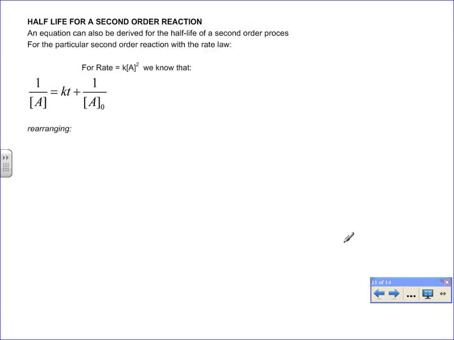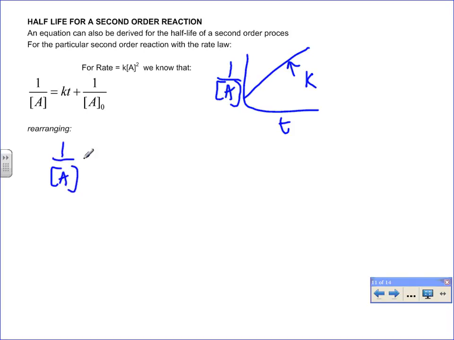For a second order reaction, we know that it is the graph of 1 over concentration versus time that's linear with a positive slope. And this is our function. If we rearrange that to 1 over A minus 1 over A naught is equal to kt, and then we substitute in our relationship for the half-life, we're looking for k times t half.